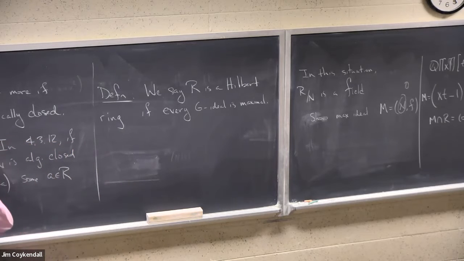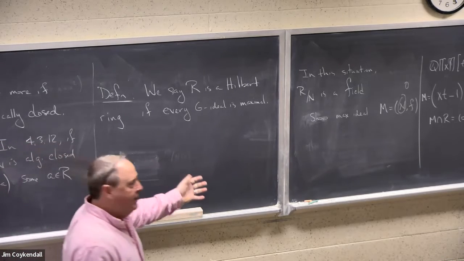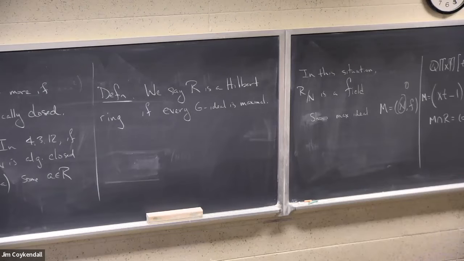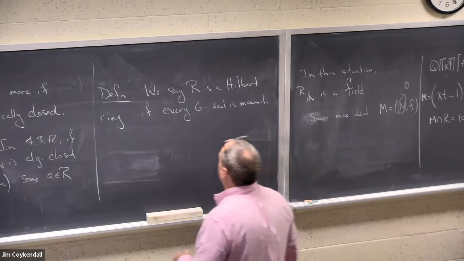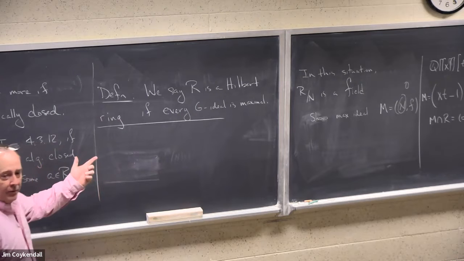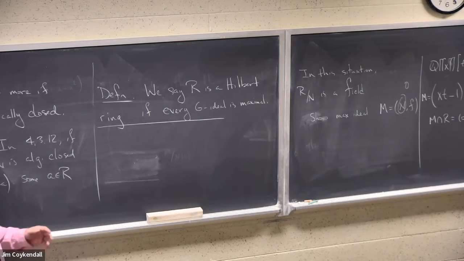So maximal ideals are always G-ideals, but if the converse is true, if every G-ideal has to be maximal, then we call this animal a Hilbert ring. Sometimes it's called a Jacobson ring, but we're going to prove some nice properties about this and use this to finish off the Nullstellensatz.